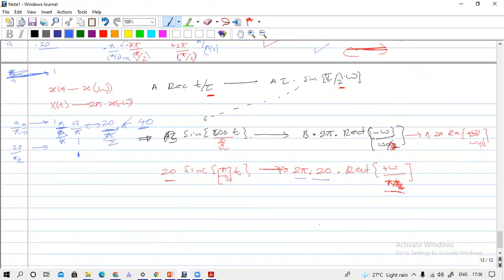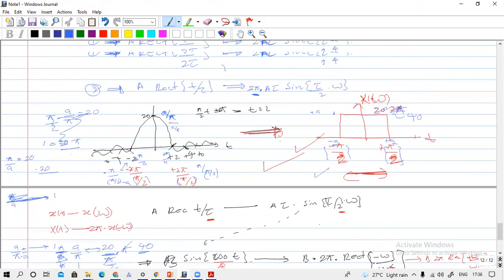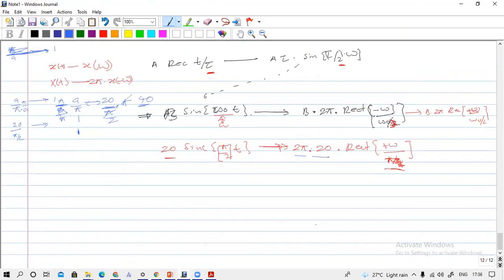Five is coming, no? So we have a rect 5/2, a rect 5 by tau. We have Fourier transform 2a tau sinc omega tau.